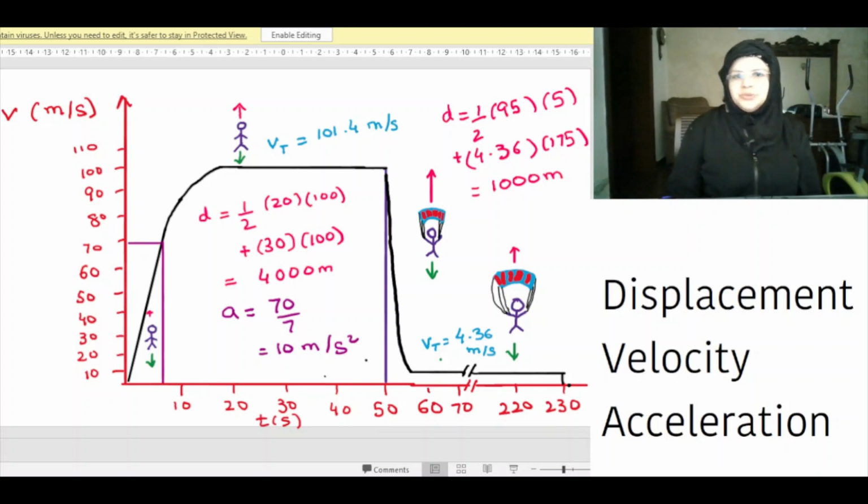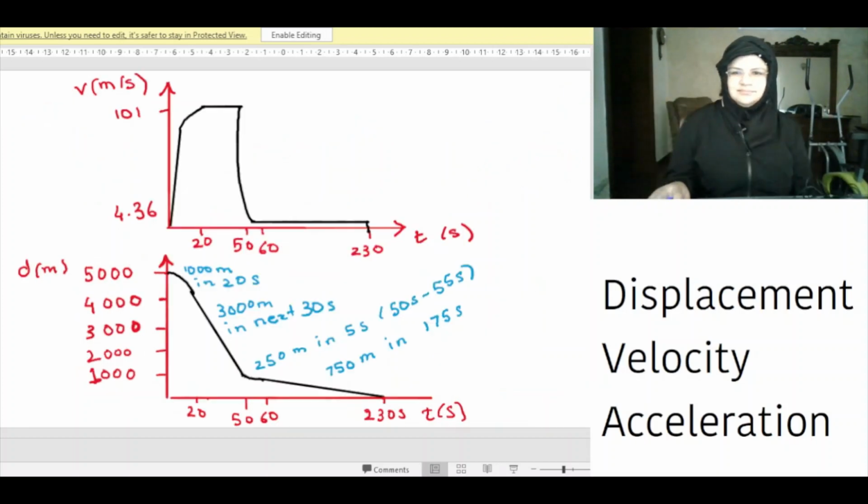After the parachute open, distance is equal to half into 95 meter per second multiplied by 5 second plus 4.36 meter per second multiplied by 175 second, giving us a distance of 1000 meters. Therefore, the distance covered before the parachute is open is 4000 meters and distance covered after the parachute is open is 1000 meters. From the velocity time graph, we can determine the distance time graph.